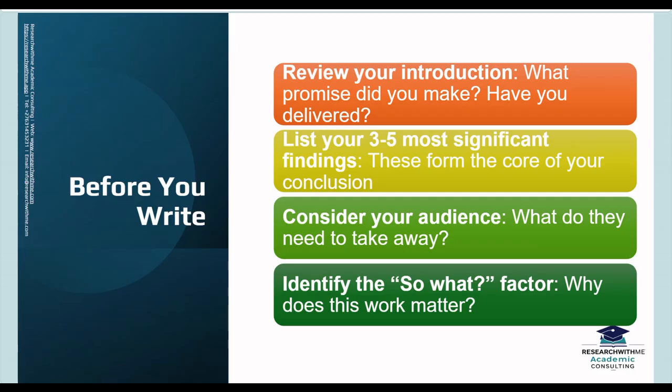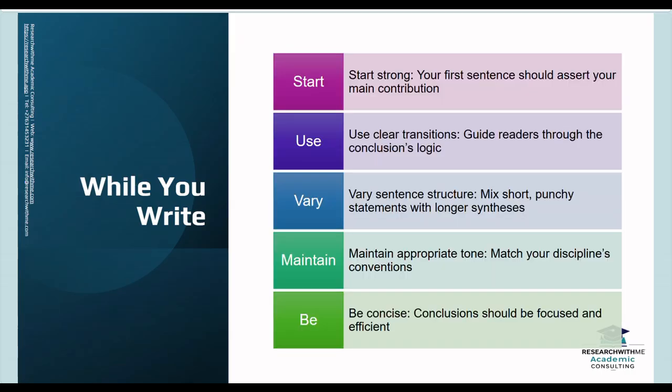And also, ensure that you don't leave out answering the so what question. That is, now that you have found out this, what next? All right. Now, while you are writing, start strong. Use clear transitions.